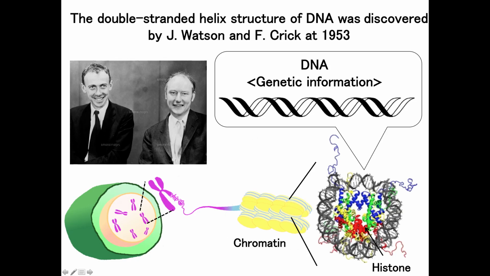Usually, DNA binds to histone and forms chromatin. It results in a packaged structure in the nucleus in the cells. DNA sequences have genomic information, so a lot of researchers investigated all genome sequences in the cells.